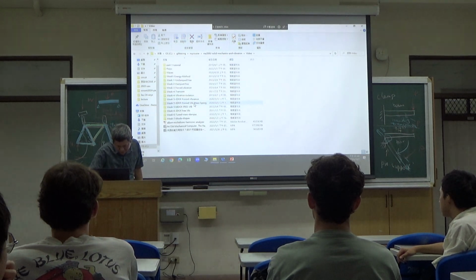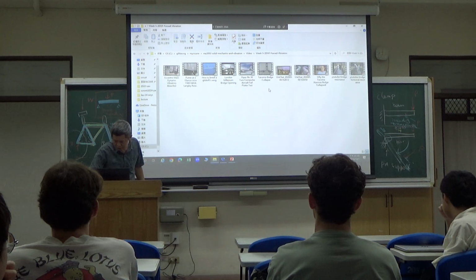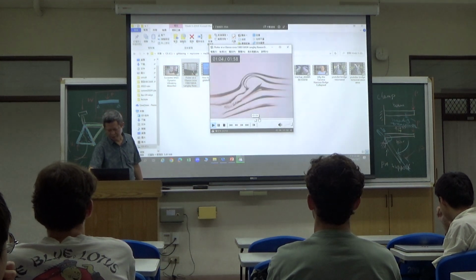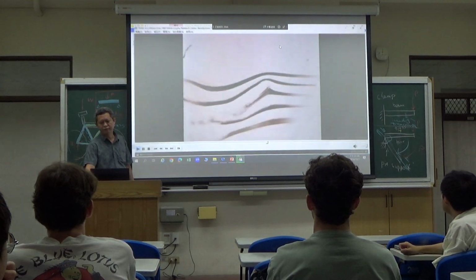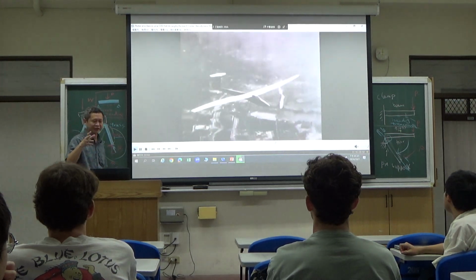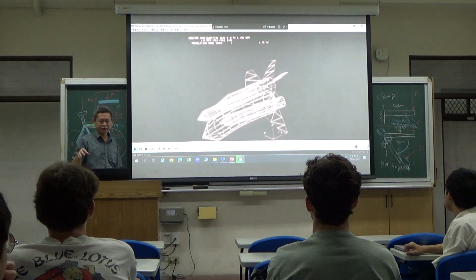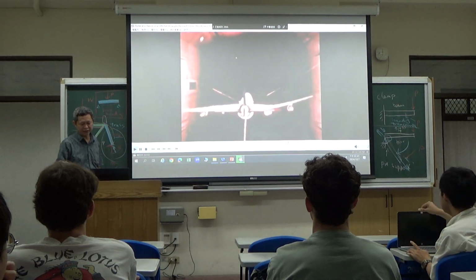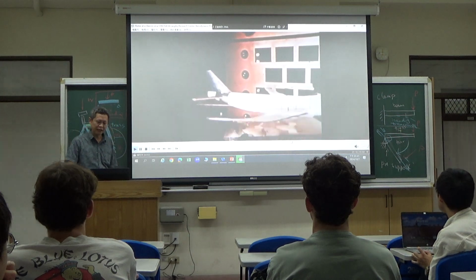Let's see the resonance. You see this NACA resonance test. Because during the flight, vortex shedding will occur. So structures, especially lightweight structures, will have twisting and bending.